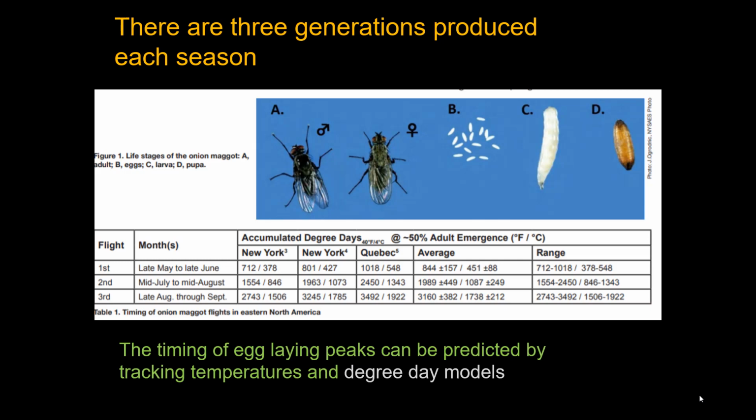There are 3 generations produced of this, as I mentioned, and this is an insect that in commercial production is often tracked by using degree day models, as we've discussed before and we'll mention several times again here. Insect development is often predictable if you track temperature, because the rate of development is related to ambient temperature around their body.